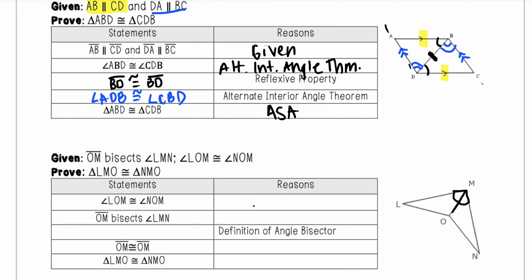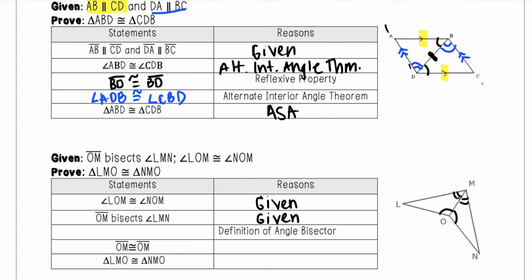So we're going to start filling in our proof here. We have that angle LOM and NOM, so that's this angle and this angle, are congruent. That was given. We were also told that OM is bisecting this angle LMN, which means these two upper angles are congruent to each other.